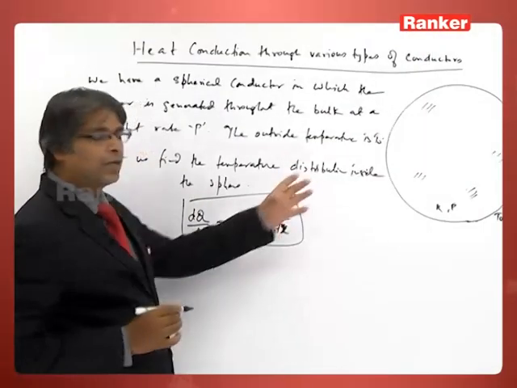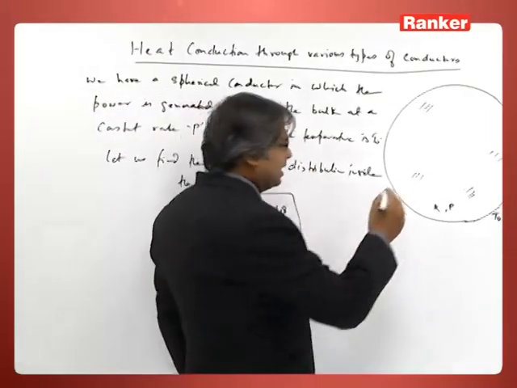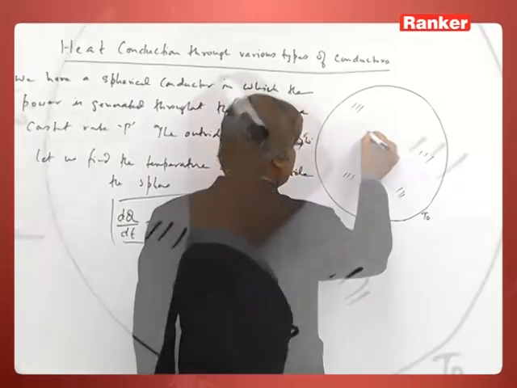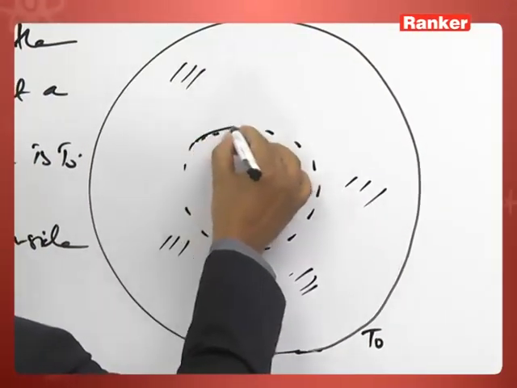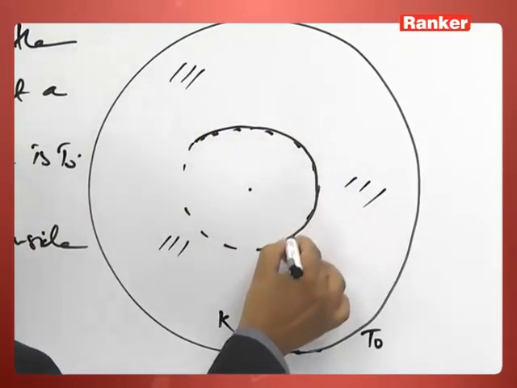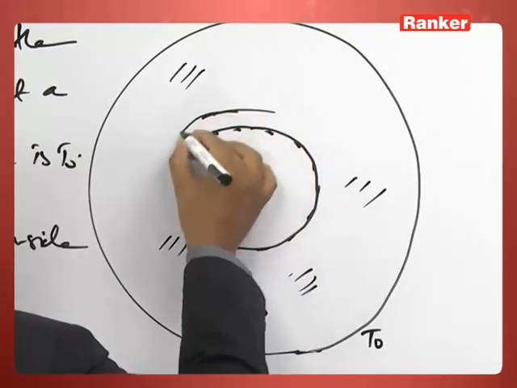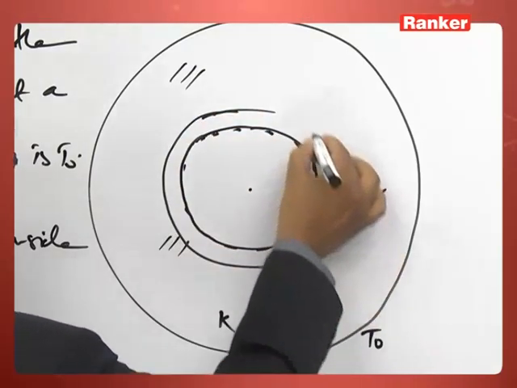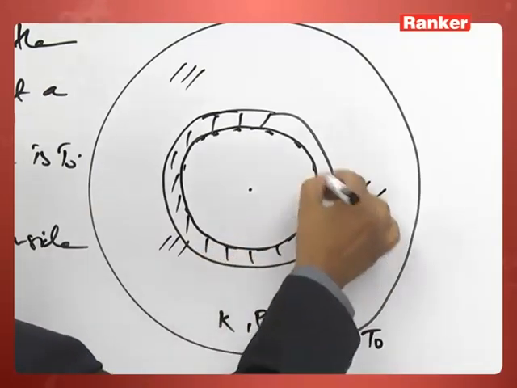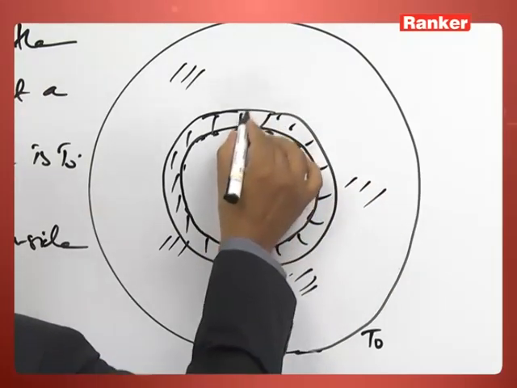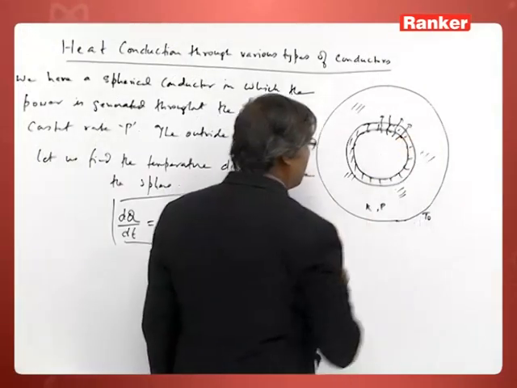This will be used to solve this. Now, let us take a concentric region. This is an annular region, a concentric shell. I shade it, and let us see what is the rate of transfer of energy through this region.